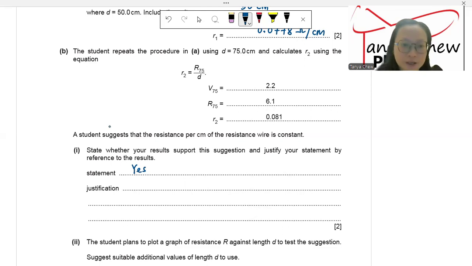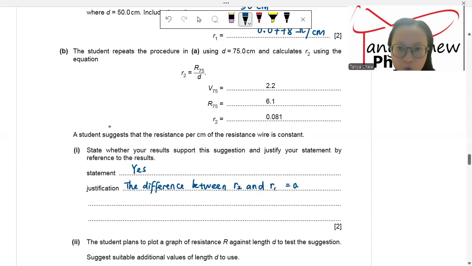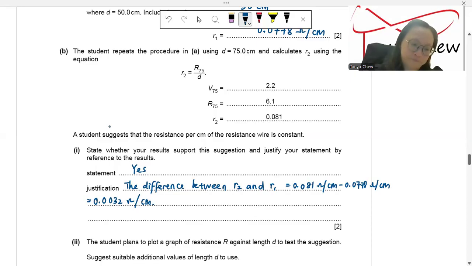I said because the difference between the values of R2 and R1 is equal to 0.081 ohm per cm minus 0.0778 ohm per cm, which is equal to 0.0032 ohm per cm.